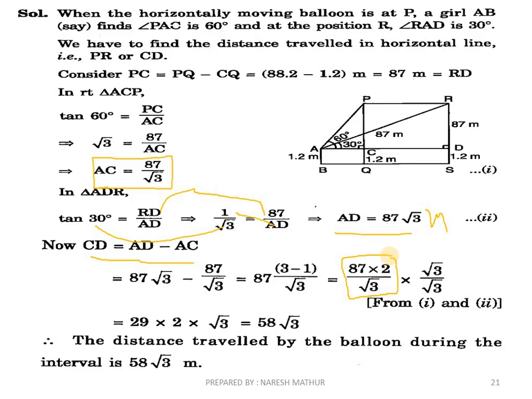We know the rule that if we are getting a square root in the denominator, then we need to rationalize it. So we are going to rationalize it. Root 3 and root 3 would be 3, and this 3 will cut 87, 29 times. So 29 into 2 into root 3. So the distance traveled by the balloon during the interval is 58 root 3 meter.